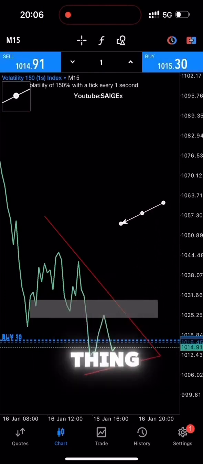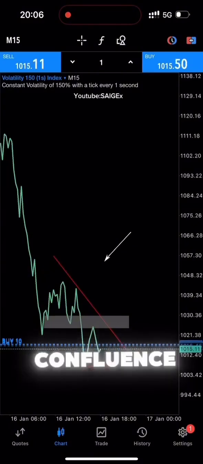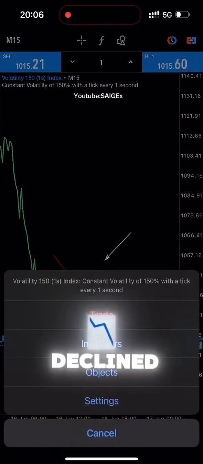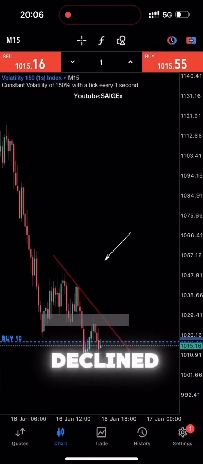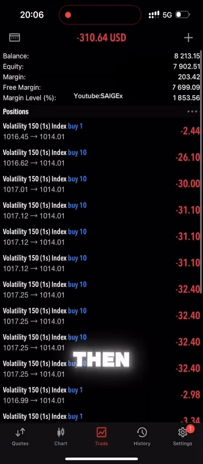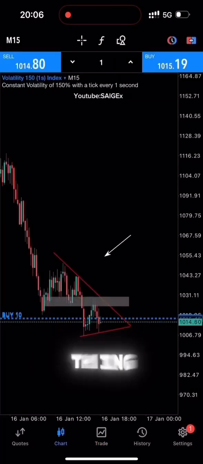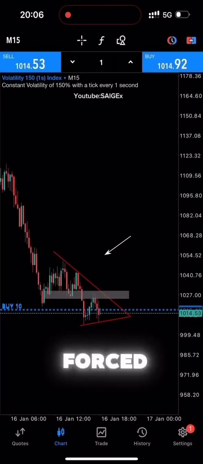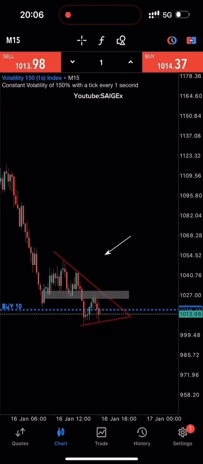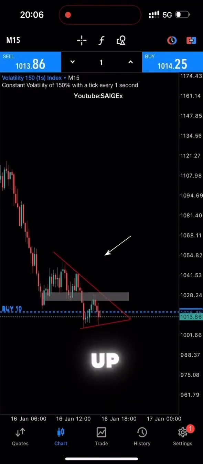And then another thing, that's an area of confluence, and when price got up there, it declined. So when it declined there and there, it declined. Then another thing, when it comes there, it will be forced to go up.